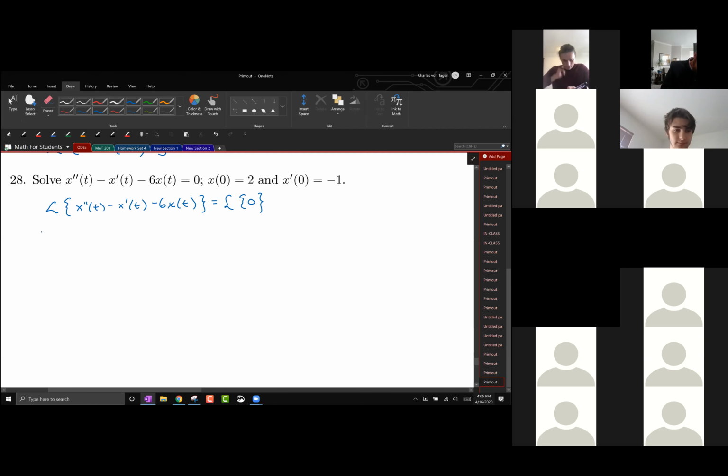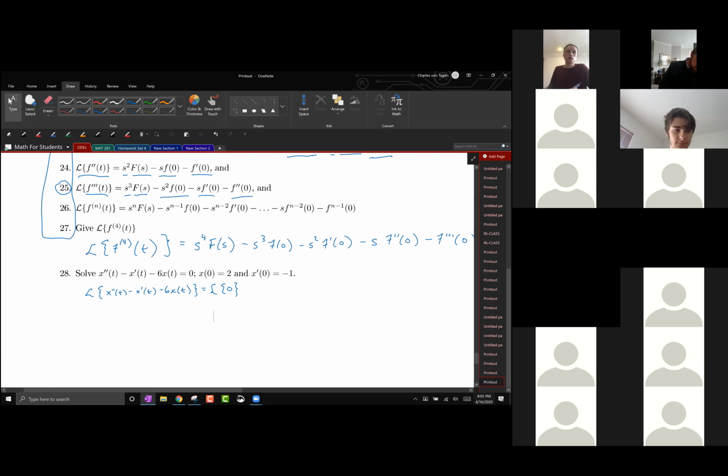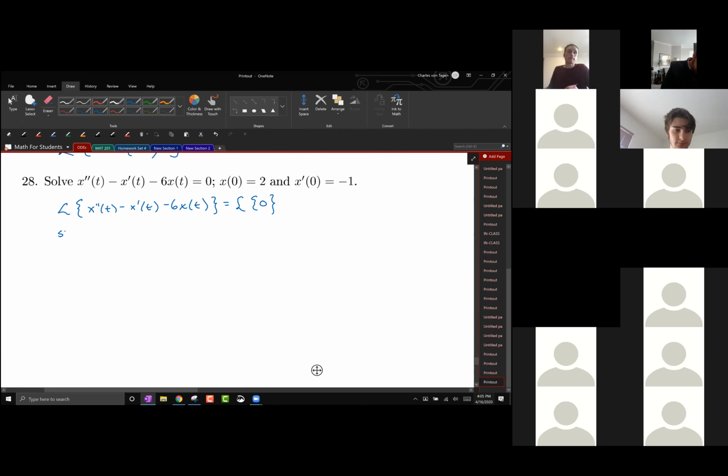On the left-hand side, following this formula up above, we get s squared X of s. Notice I'm using the capital letter X there. If you get that wrong, it's not the end of the world, but since I've got the little letter x for my unknown function, I'm using capital X there.